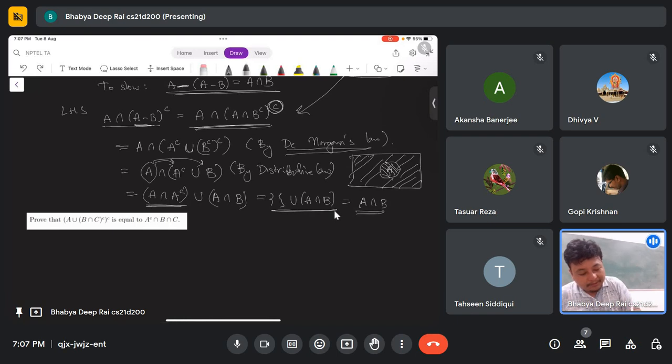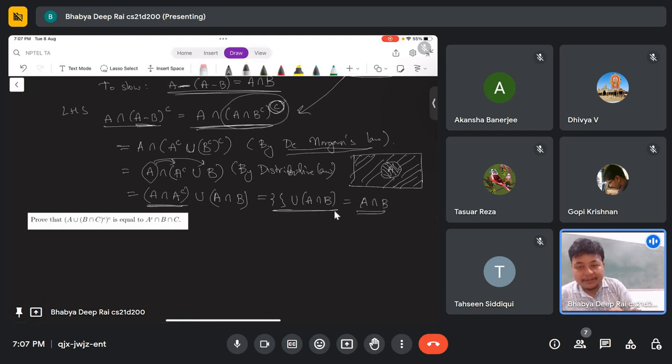Now what do I do? See, this chunk I want to change, right? So I change this intersection to a union, and I bring this complement inside here. To this A, I make A complement. To this B complement, make B complement's complement.